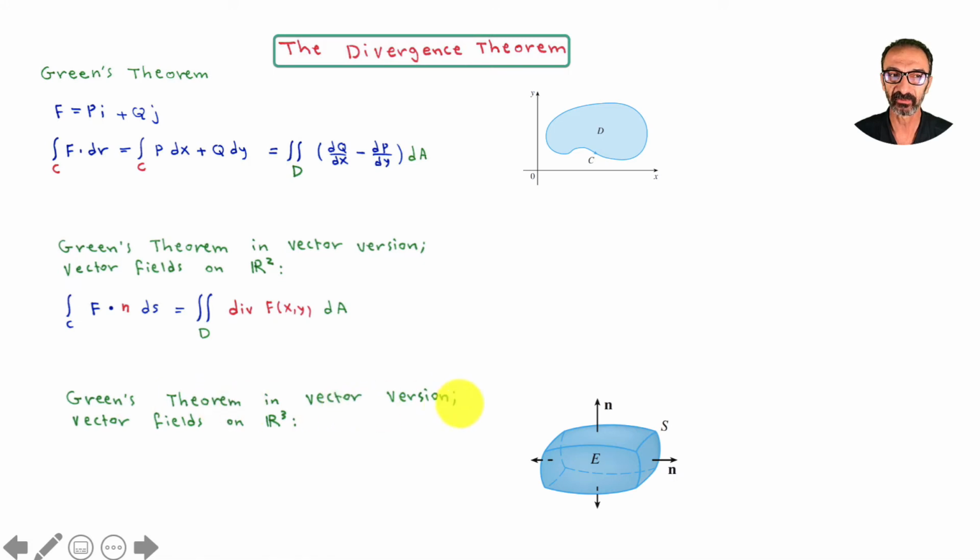Green's theorem in vector version on R3, as you could see, we have a region E in 3 dimensions. We have the normals, and we have the surface S. It becomes the divergence of F over the space region E, dV now, not dA.